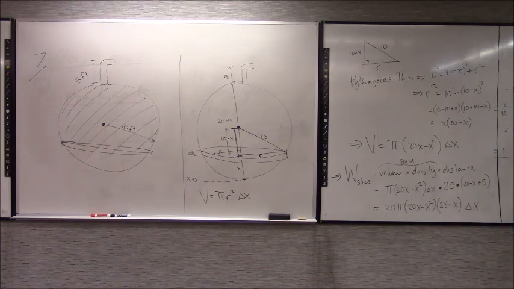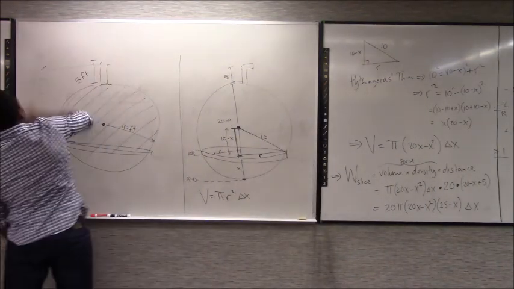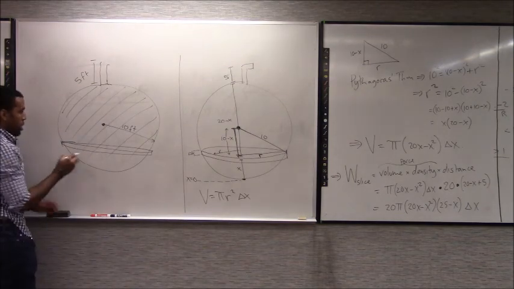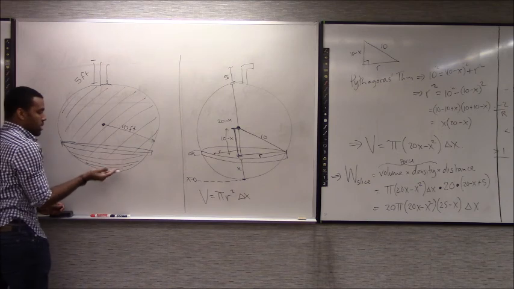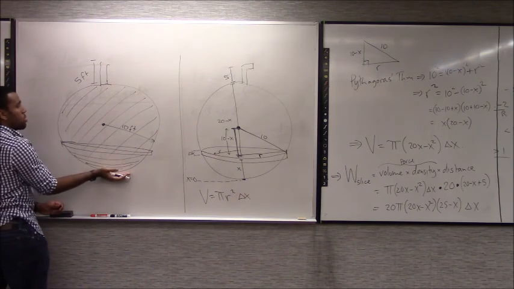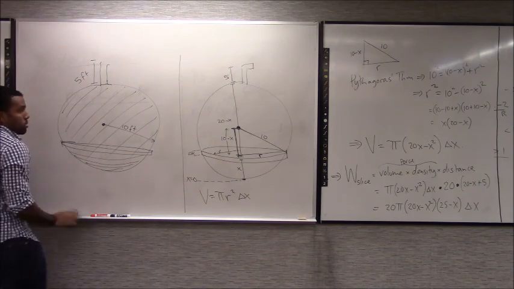And then what I can do is I can now integrate that to find the work needed to move all the slices. So pretty much that process gets repeated for this slice, and that slice, and that slice. X starting from level 0, going all the way up to level 20.